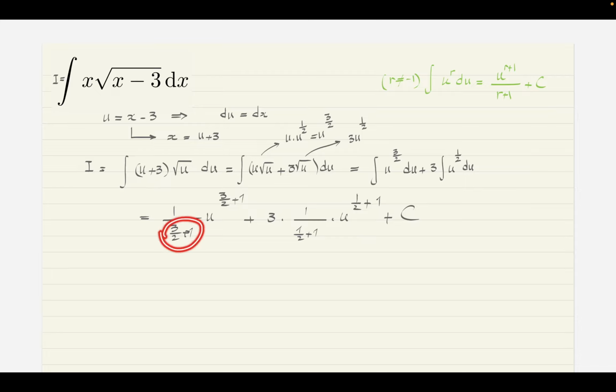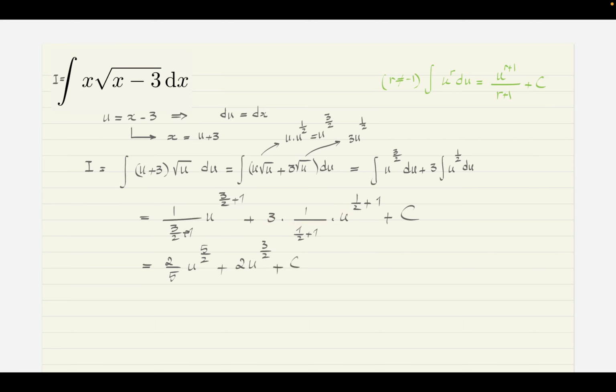Okay, but if you calculate this, this is 5 over 2, but because 1 over 5 over 2 becomes 2/5, and then u to the power of 5 over 2, and then plus, if you do this calculation, it is 3 over 2, this 3 and that 3 cancels, and 2 goes up, so this becomes 2 u to the power of 3/2, and then you have a c.